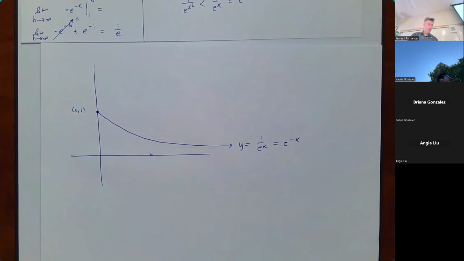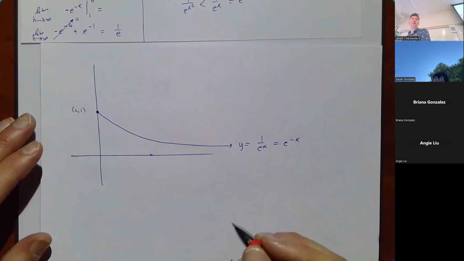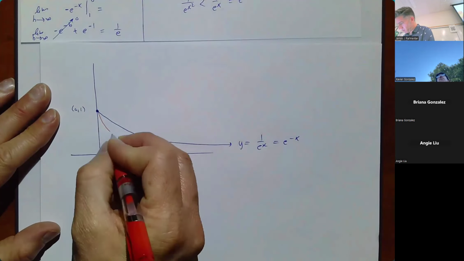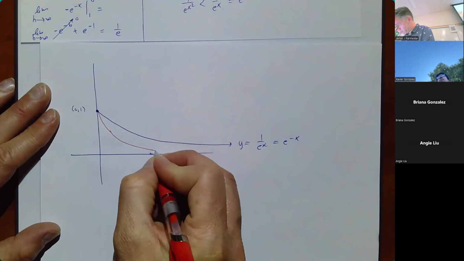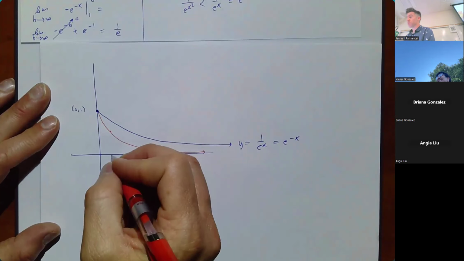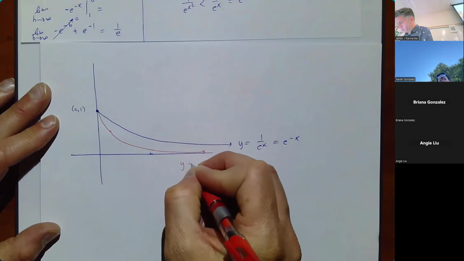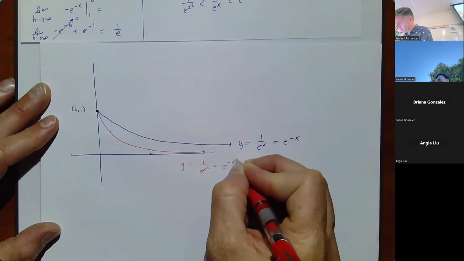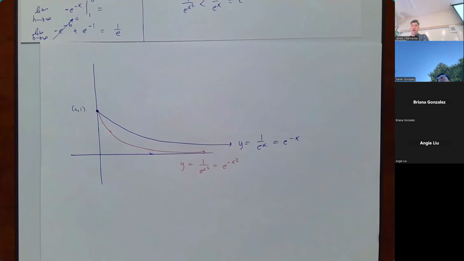And then y equals 1 over e to the x squared gets smaller much faster but, importantly, is still always positive. So here's y equals 1 over e to the x squared, which is e to the negative x squared. Always smaller than e to the negative x, but still always positive.